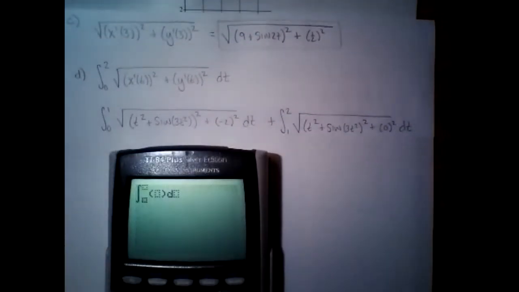Math 9, we're going to go from 0 to 1, gigantic square root, parenthesis, x squared plus sine 3x squared, close the parenthesis, that squared, plus -2 squared would be 4. I'm just going to go ahead and put 4 for that, dx, plus, and then another math 9, from 1 to 2, gigantic square root, and then just typing this.